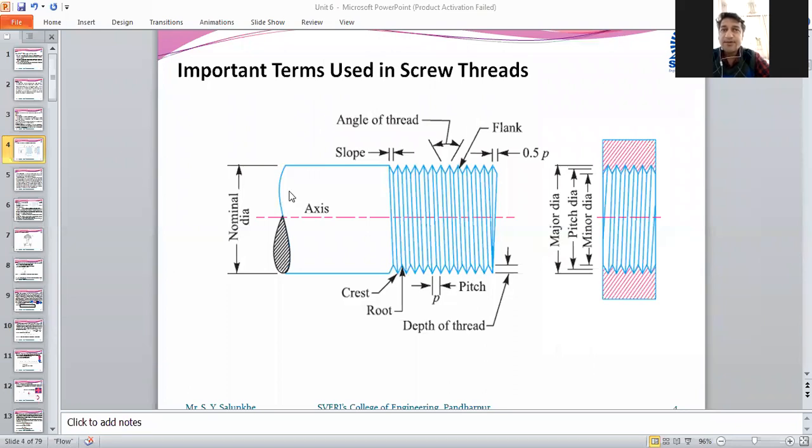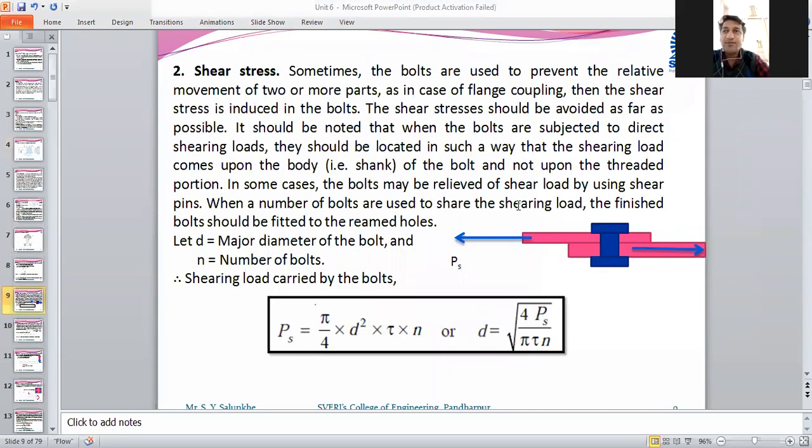This particular part is called the shank. So we have to design these threaded joints in such a way that, in case of shear, the shear load will come on the shank, not on the threaded part.